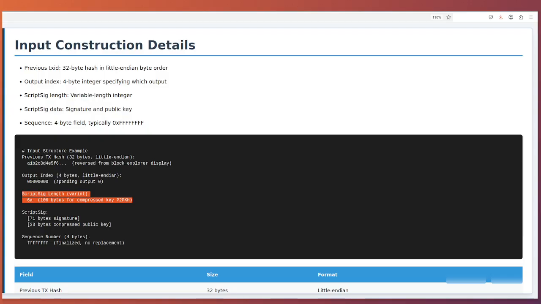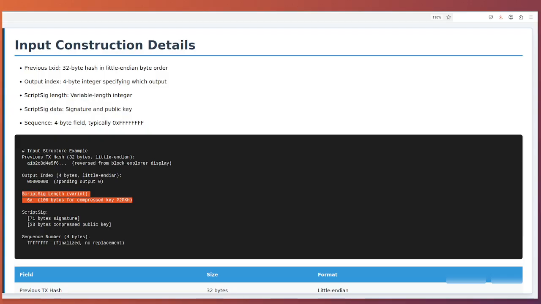For larger values, the prefixes 0xFE and 0xFF are used for 4-byte and 8-byte integers, respectively. For typical P2PKH inputs, the ScriptSig is around 107 bytes for compressed public keys, or 139 bytes for uncompressed. So, a single byte varint suffices.